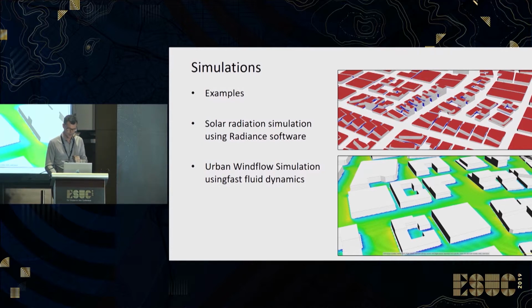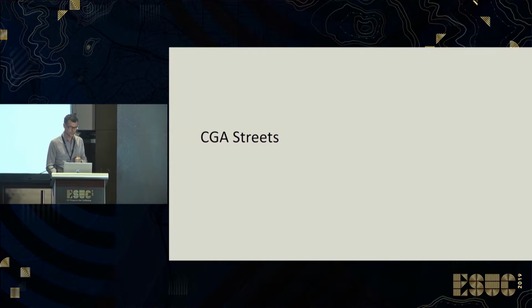We did a simulation for the whole of Singapore. So the scalability of these simulations is very large. The Singapore model had 152,000 buildings in it, and we simulated each building for the solar radiation on the surface of the building.